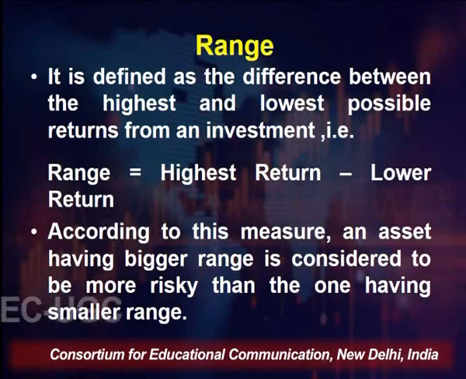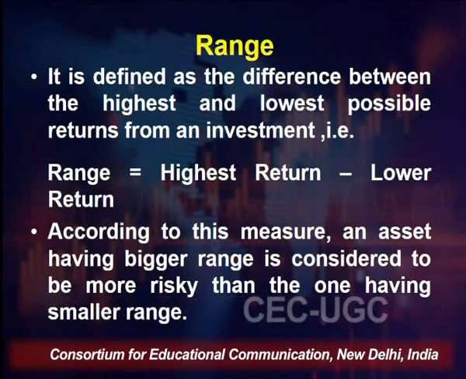The higher the range of the return of an asset, the more the risk involved in investing in that asset, or the more risky the asset is. In terms of equity, the higher the range, the riskier the investment in the share which you are buying or selling. So the difference between the highest return and the lowest return, not the lower, is called the range.